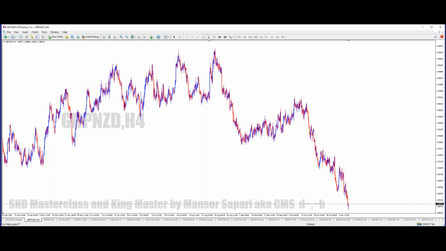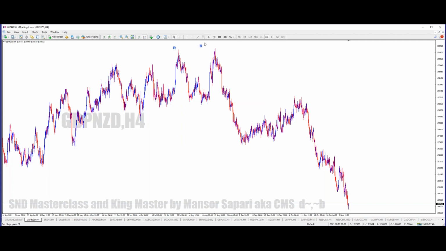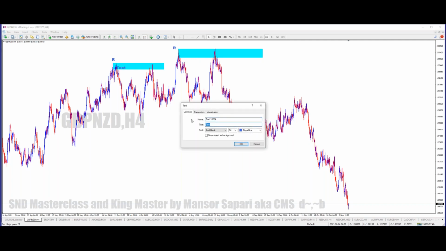For example, you have resistance over here, right? This is your resistance, this is your resistance, this is your resistance. This is usually a rally base drop. Just mark from the body to the shadow itself. This is a rally base drop. Why? Because price is going up.